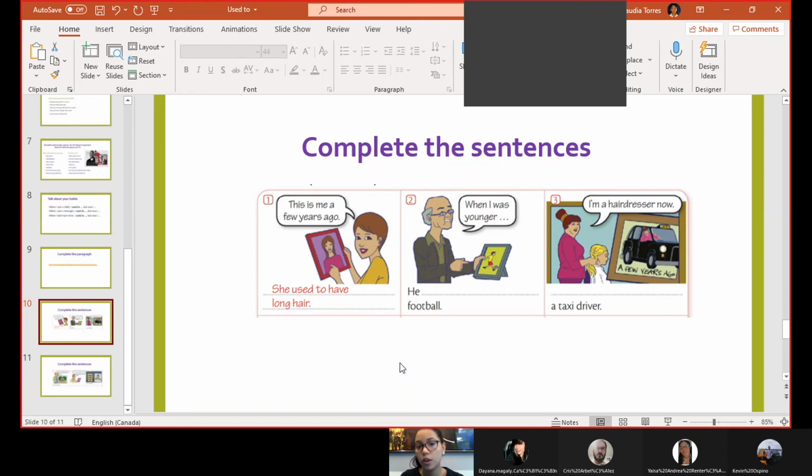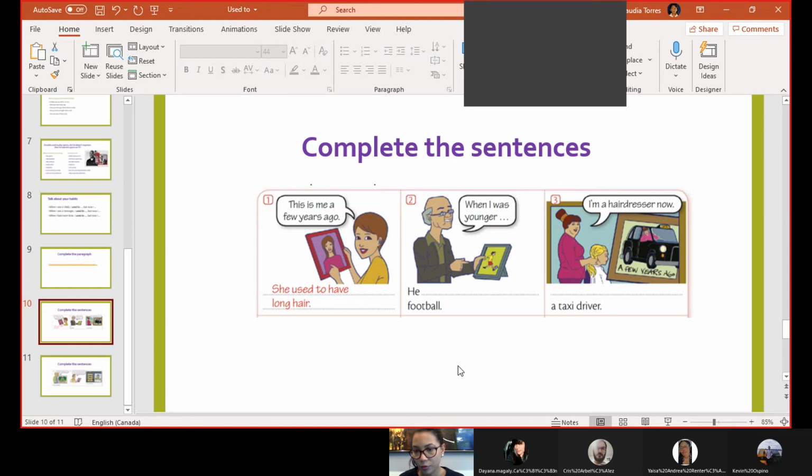Because in the picture, you can see the same woman with long hair. Now in the second picture, you see, Chris, here they're talking about football as they're talking about soccer, but they're using the word football. So when I was younger, and then you can say he, and you can use the structure to talk about his past habits.